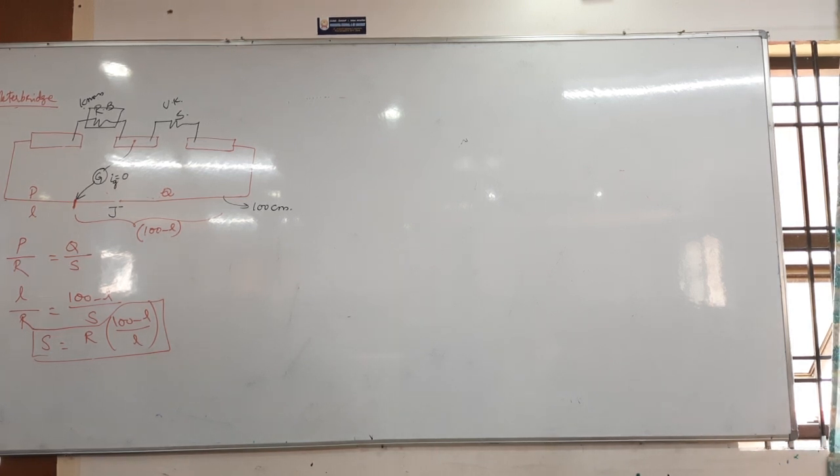The jockey, connected to the galvanometer, will be moved on the meter bridge wire of 100 centimeters.